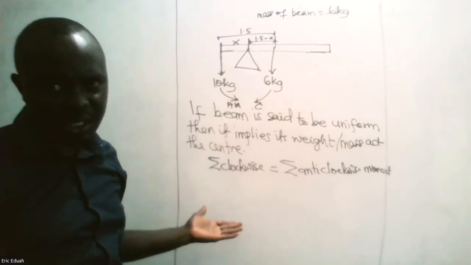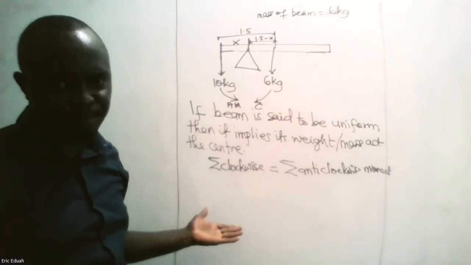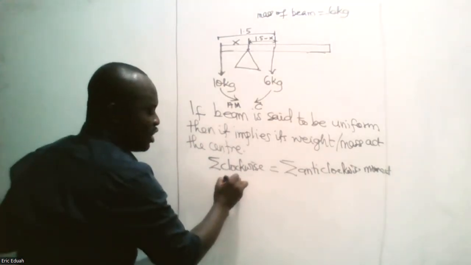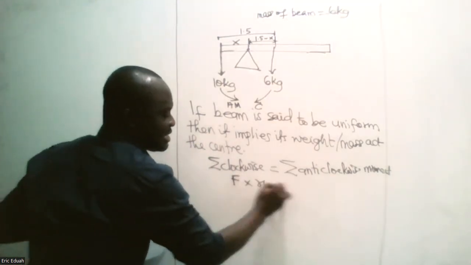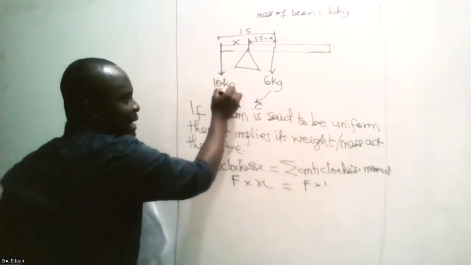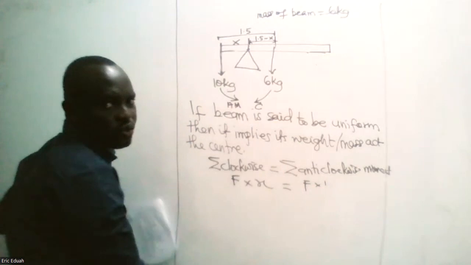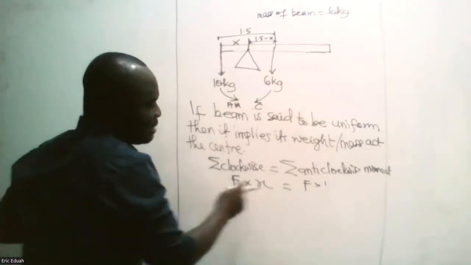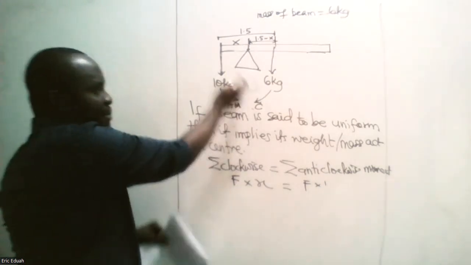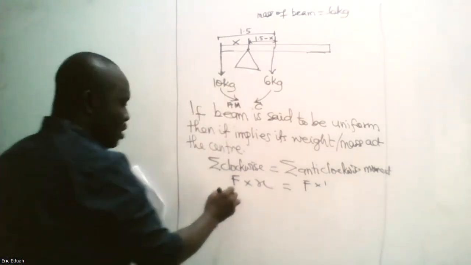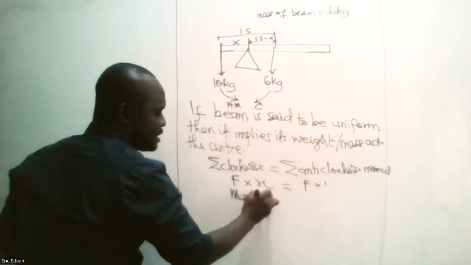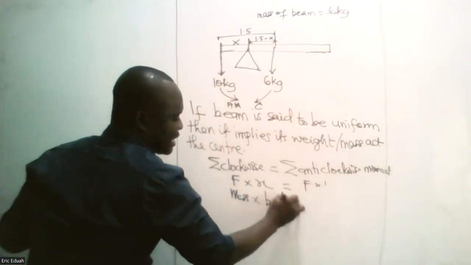Are we okay with the explanation? So the moment will still be mass times perpendicular distance.